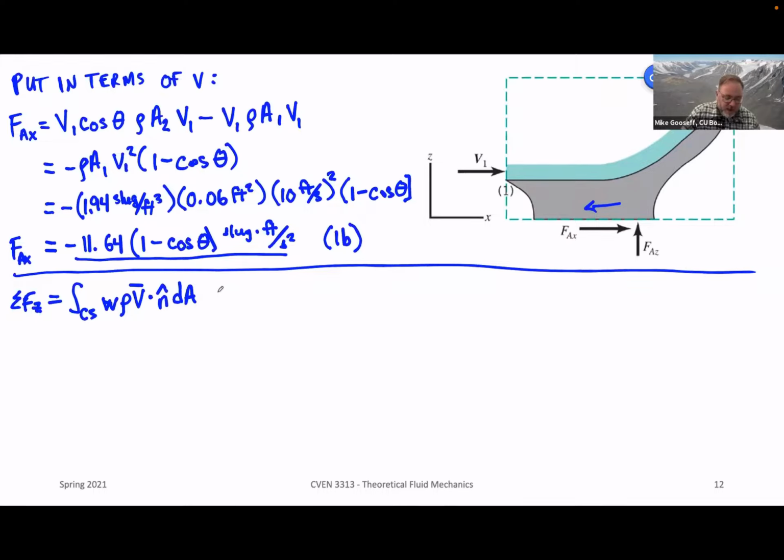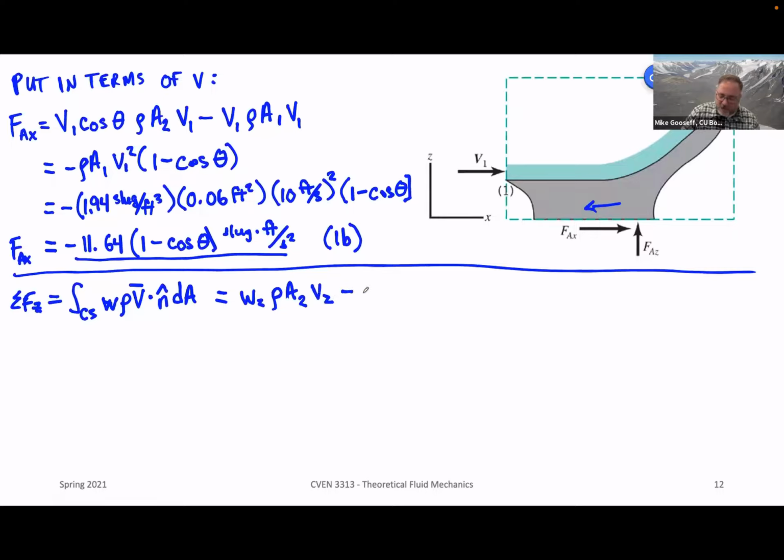So we can rewrite this by plugging in our W's. So we end up with W2 rho A2. This is the outgoing momentum flow, and then we multiply by V2 here.